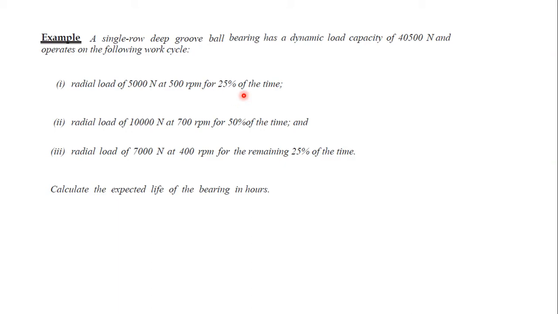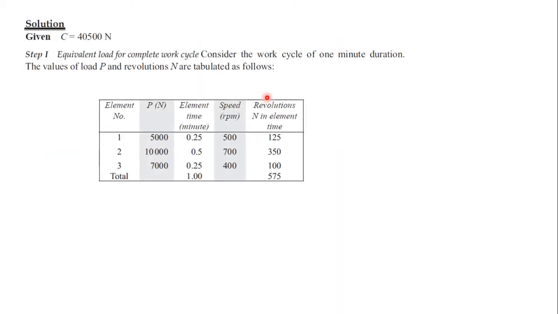And one more thing, in these elements it is given 25% of the time, but time is not mentioned. So how to deal with it? Let's have a look. According to our given data, the dynamic load capacity C is 40500 Newton.